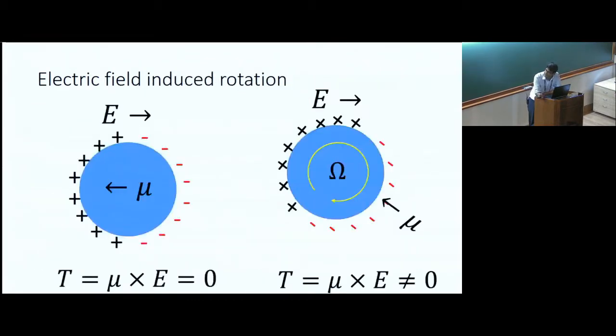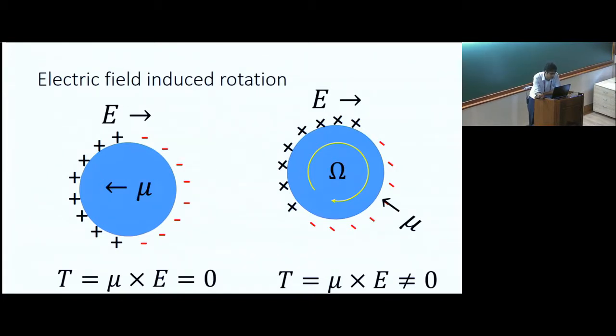The idea is this: if you have, for example, an electric field up there, and an object with some polarizability of your diffuse layer, there are minus charges on one side and plus charges on the other side, so there's an induced dipole moment in the system.